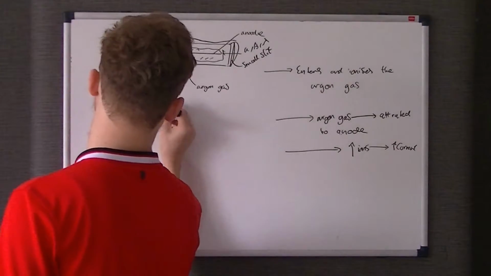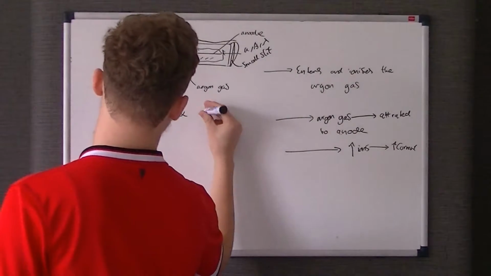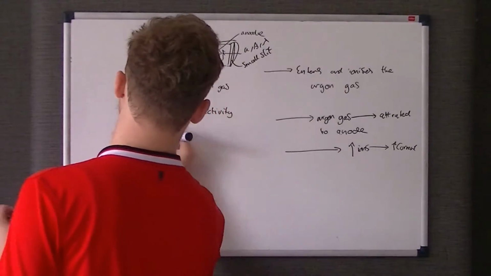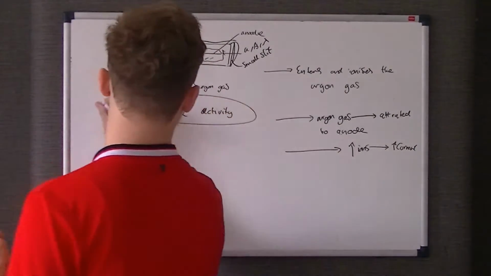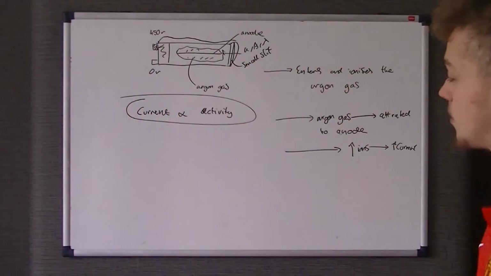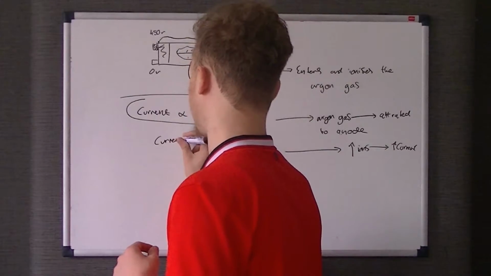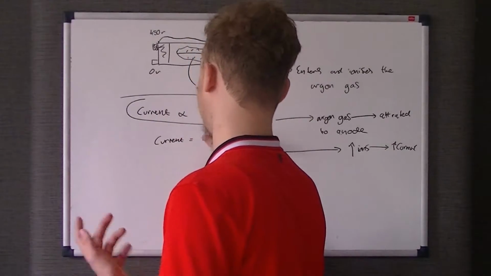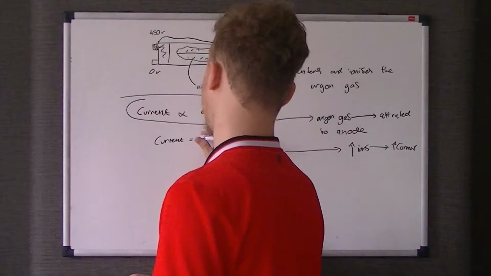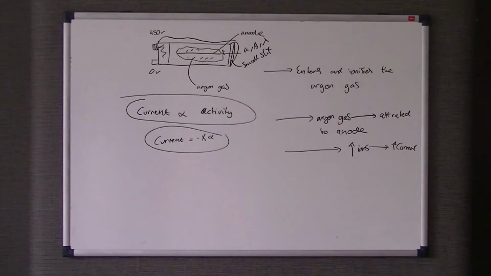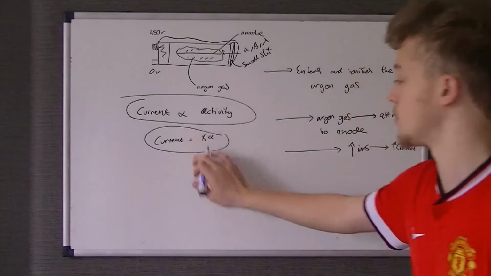So if you just learn that, put that down: current is proportional to the activity of the substance, which is just the decay of it really. So current is directly proportional, so current is equal to K, a constant, times the activity. And obviously it'd be negative Ka because we're going to be decreasing, but just Ka.